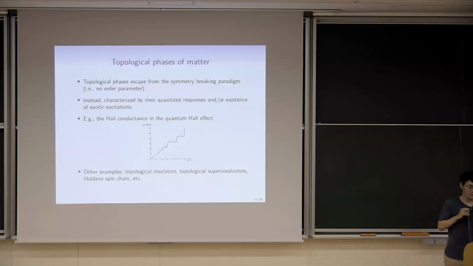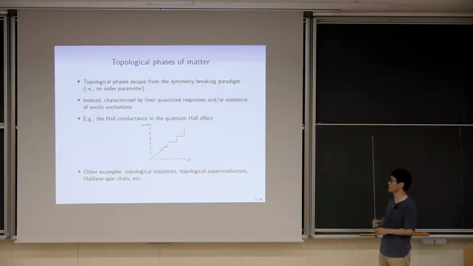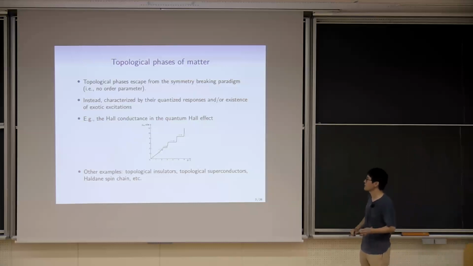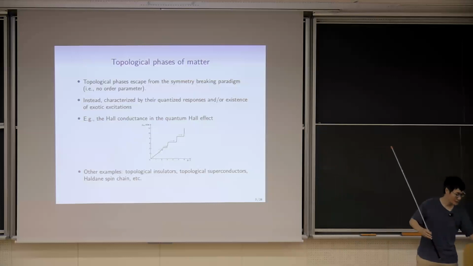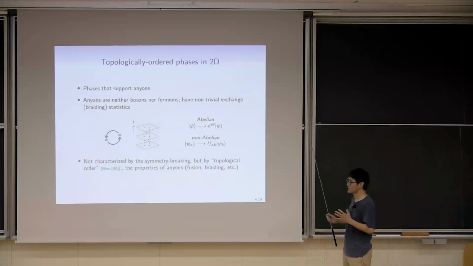I started by saying that topological states are not characterized by local order parameters, but instead they are characterized by topological quantities, like the Hall conductance for the quantum Hall effect, or by other properties, such as the existence of exotic excitations. Topologically ordered states are such examples.